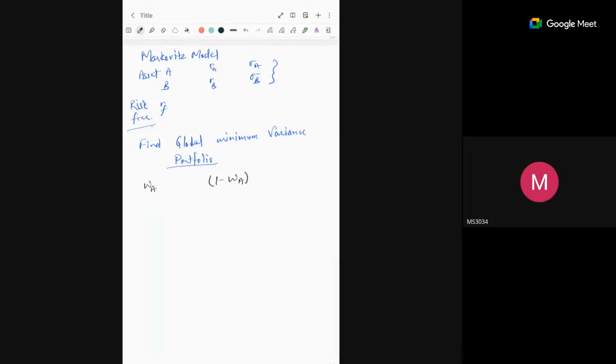Okay, so this is for asset A and this is for asset B, and we can call this W_B also. So if these two are the weights given for your portfolio, then using the portfolio variance formula, what will be the portfolio's variance?